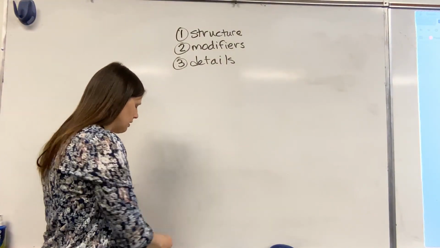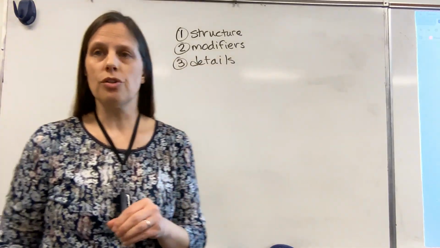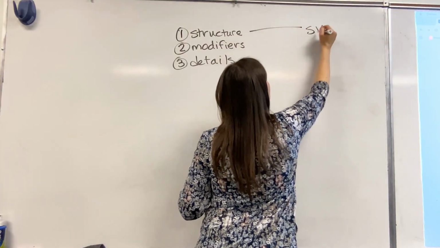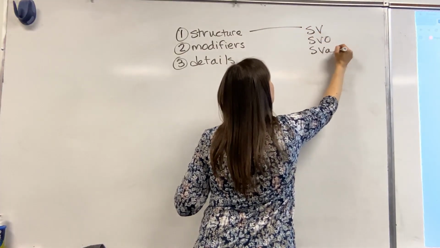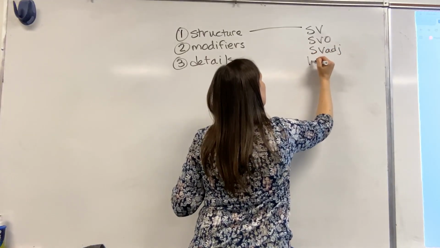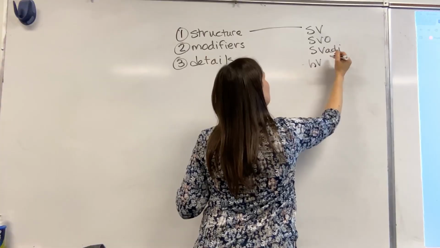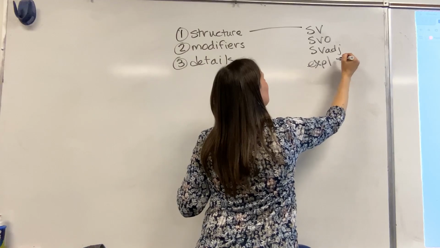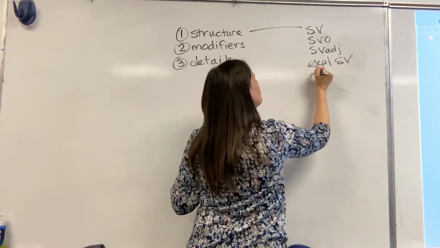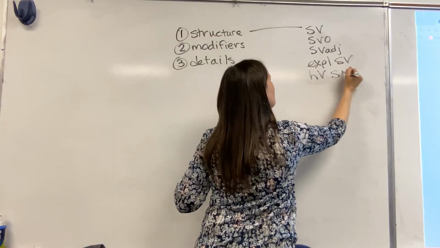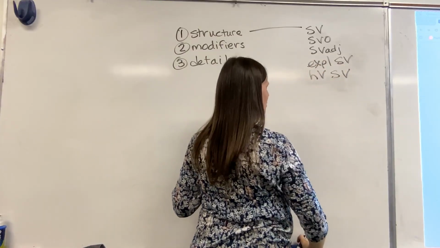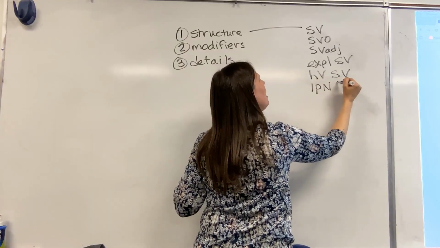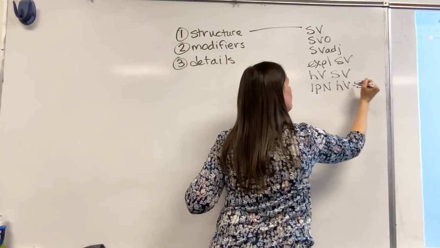So we have practiced in other videos the 6 basic structures that I like to teach, so I'll just write those over here. Follow a structure, either SV, SVO, SV adjective, expletive subject verb, or we could do helping verb, subject verb, which is the first question, or interrogative pronoun, helping verb, subject verb.